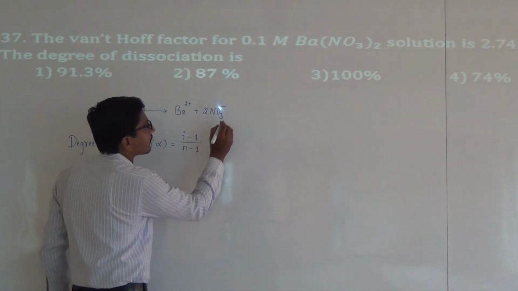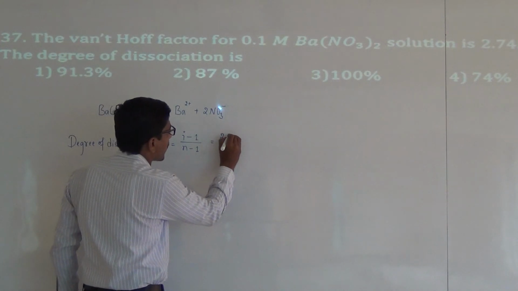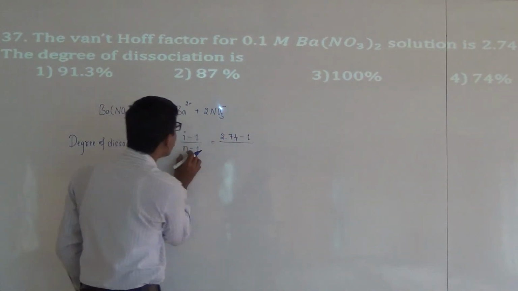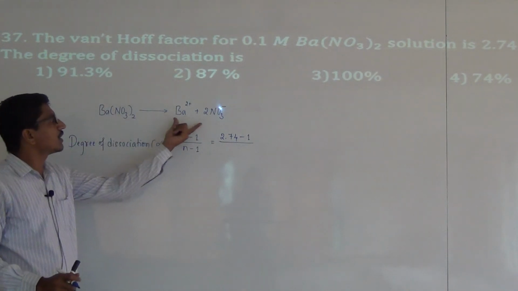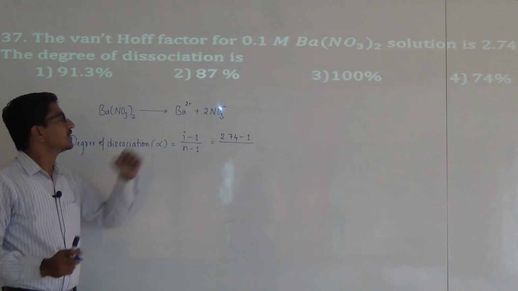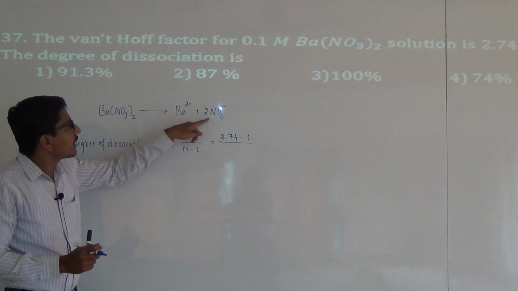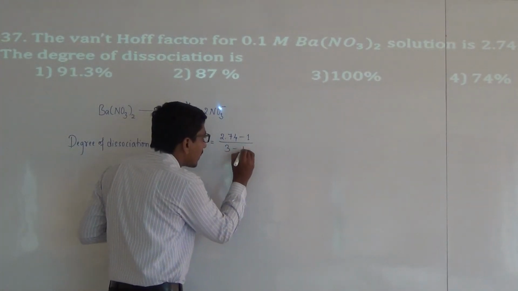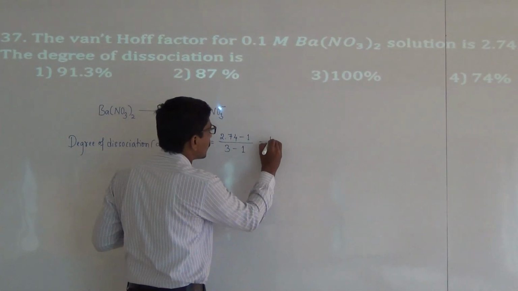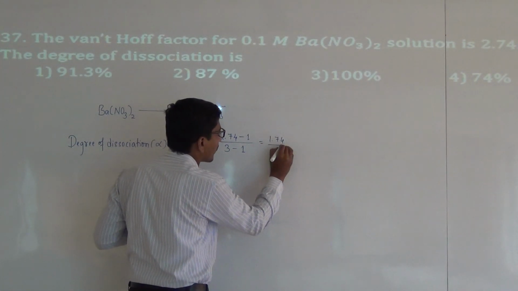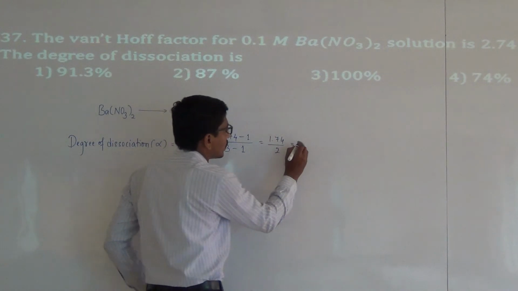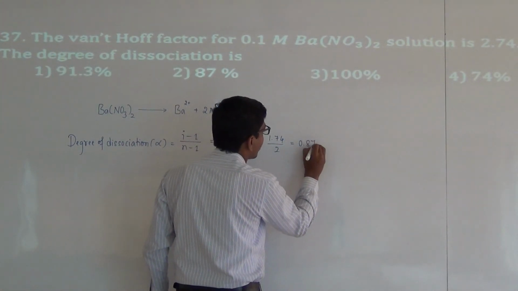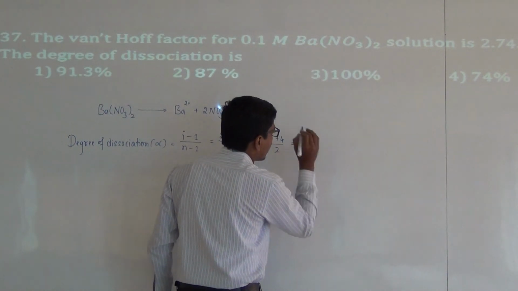i value is given, 2.74 minus 1 divided by n, which is nothing but the number of particles after dissociation. Barium is 1 and nitrate ions are 2. Total ions are 3, minus 1. This is equal to 1.74 divided by 2. This is equal to 0.87.